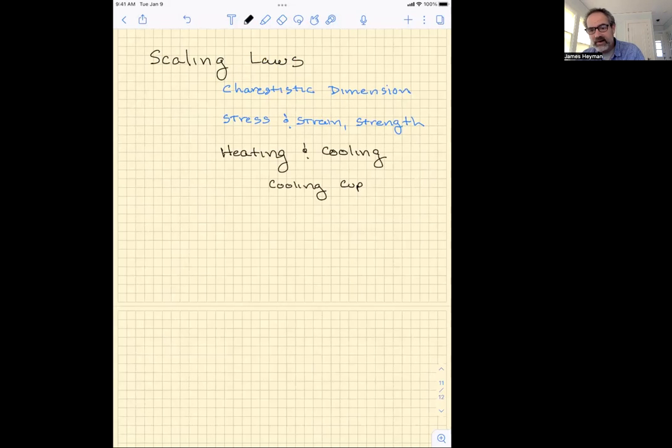How quickly does a cup of coffee cool off? And does it matter if it's a big cup of coffee or a small cup of coffee? And then, as I mentioned, I want to apply this to an application called thermal therapy, which should be interesting too. Okay, that is what we're going to get started with.